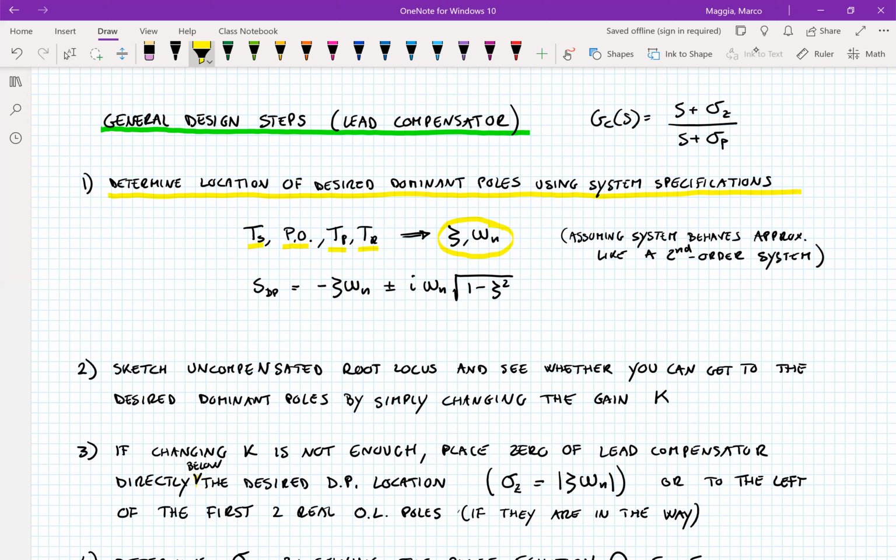for its dominant poles. So the dominant poles are usually written in the form of complex conjugate numbers. And so you can use the values of zeta and omega n to find exactly the location of the dominant poles on the complex plane.